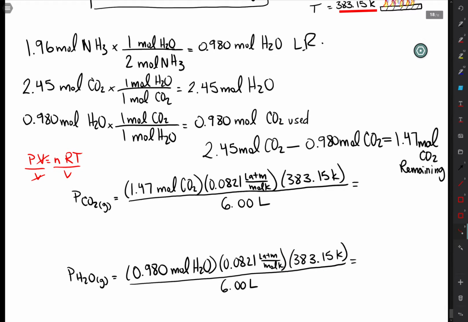We're going to do this for the pressure of carbon dioxide gas and the pressure of H2O gas. That way we can have both pressures. So this would give me 7.71 atmospheric pressure of CO2 gas and 5.14 atmospheric pressure of H2O gas.